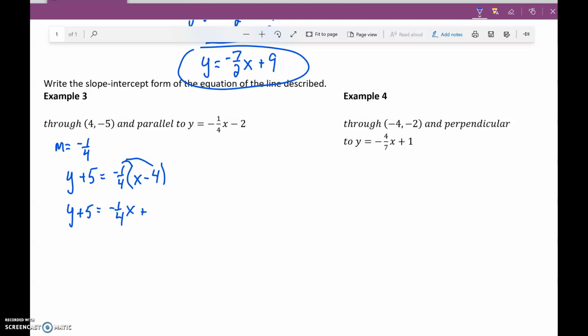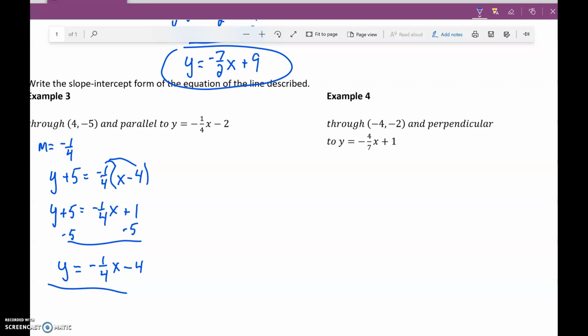And negative times a negative is a positive. 1/4 times 4 is 1. Subtract 5. And we will end up with our equation in slope-intercept form. So there's our equation in slope-intercept form that's parallel to this and goes through that point.